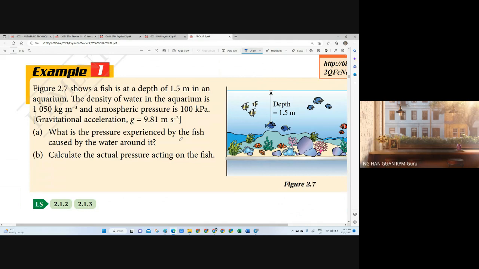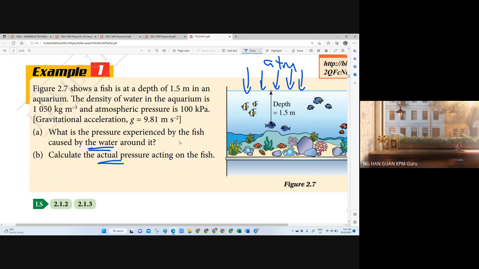So we focus on the water only. After that, you have another question: what is the actual pressure? Actual pressure means it's not only caused by the water itself, it also includes the atmospheric pressure. This becomes the actual pressure acting on the fish.